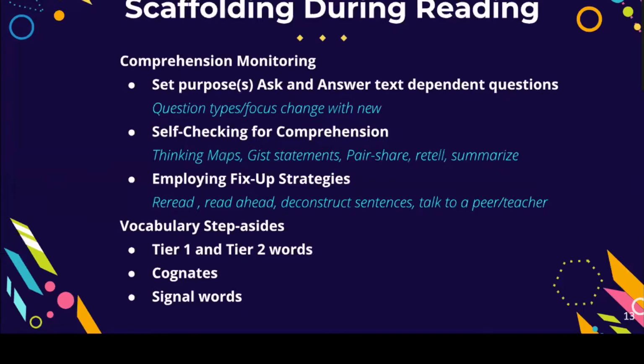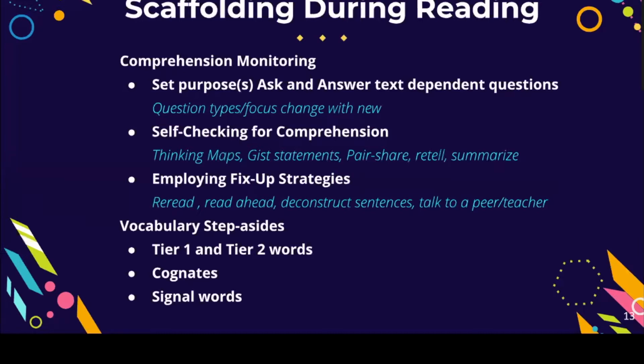And for self-checking, we start where the teacher plans in and asks the questions and does a lot of thinking aloud. But some of the supports that we use for those are thinking maps, just statements, and students may pair share at this time or do a retelling, either written or oral, and either write or talk about a summary, so summarizing chunks.